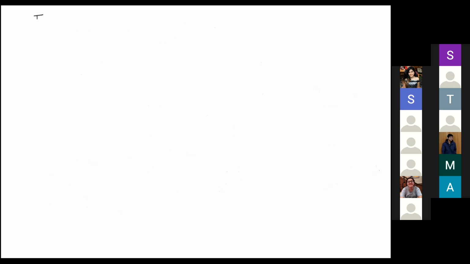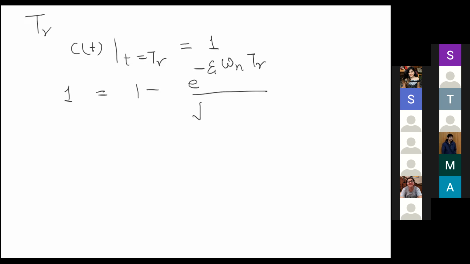Now, for example, I have to find out the rise time. The rise time for an underdamped system is the time to reach from 0 to 100%. So c(t) at t equal to Tr will become 100%, or 1. So now 1 is equal to, and what is c(t)? 1 minus e to the power minus zeta omega n Tr, where Tr is the rise time, upon under root of 1 minus zeta square, into sine of theta.